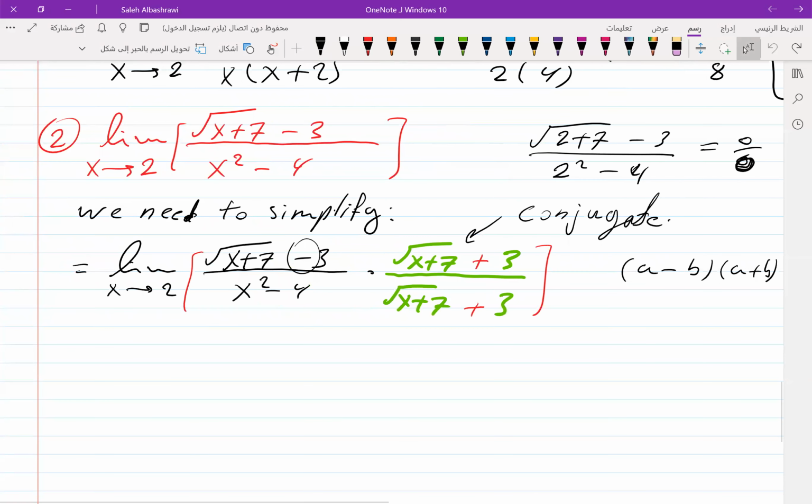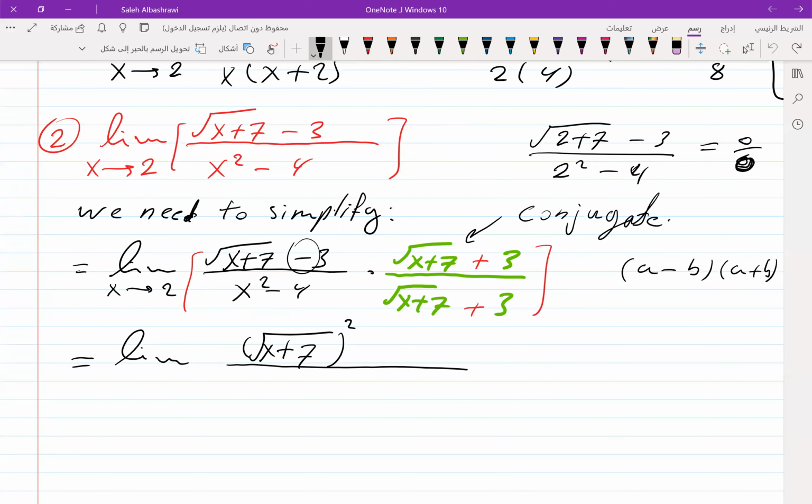So the numerator will be written as the first one, which is square root of x plus 7, all squared, minus 3 squared, divided by x squared minus 4 multiplied by square root of x plus 7 plus 3 as x goes to 2.